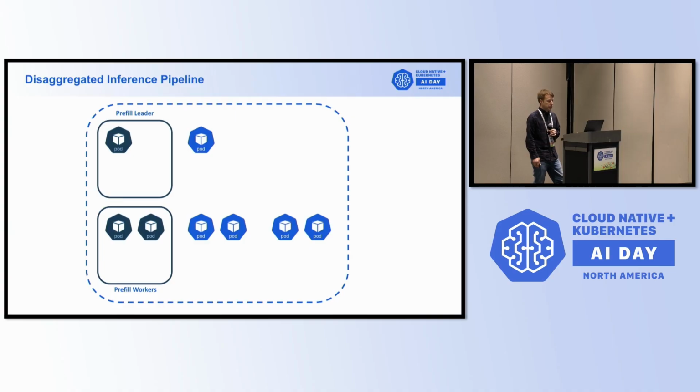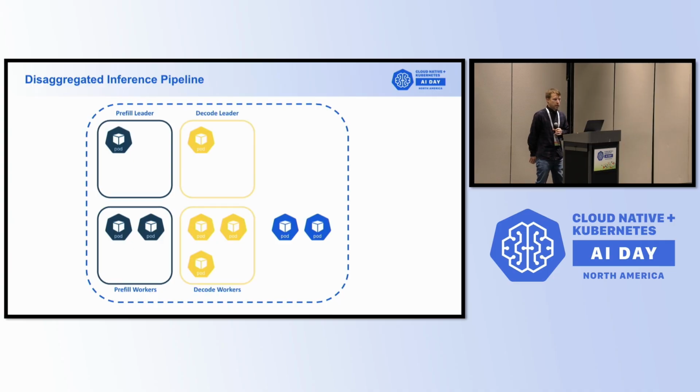Prefill initializes the model's internal state by processing the input prompt, preparing the context for efficient token generation. Decode generates the output tokens based on the prefilled context, producing the final model response. It is also very common to see additional supporting pods like front-end or monitoring as well.